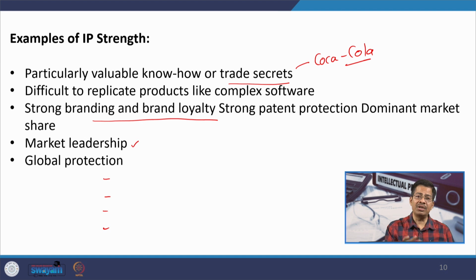So, that is also a type of IP strength, that I am a market leader, so I enjoy the strength. You have gone for global protection. So, you have eliminated the risk of your IP exploitation in any market because of your global protection. All these are the different types of strengths.